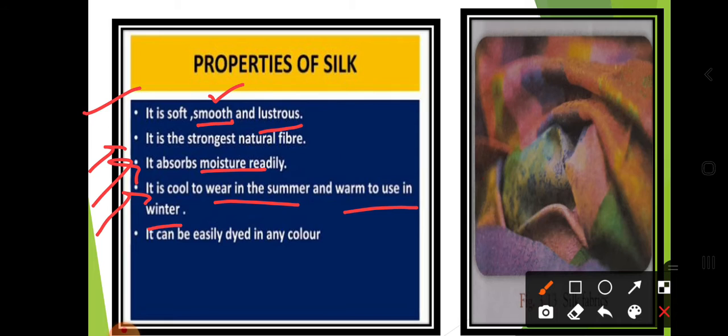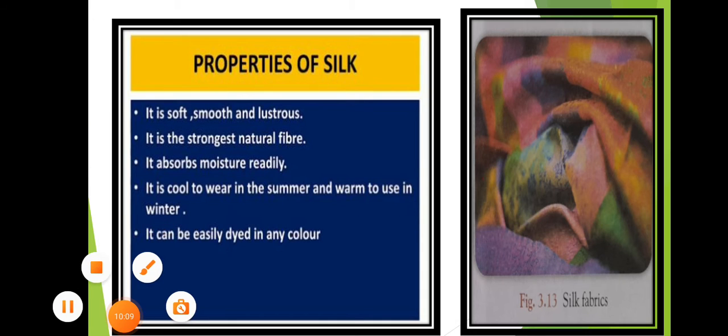This is a very special property of silk: after wearing silk clothes in winter you feel warm, and in summer you feel cool. It can also be easily dyed in any color. You can see the cocoons are white, but after dyeing, means after coloring the threads of the cocoons, it is possible to get different varieties of silk colors. So these are some properties of silk.